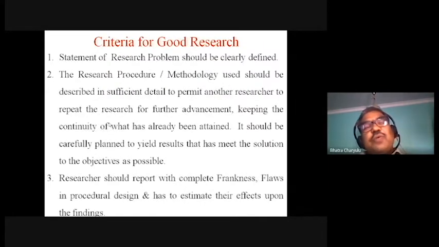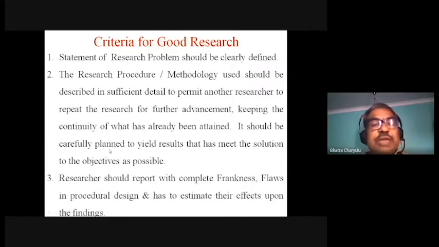And the criteria for good research: the statement of the research problem should be clearly defined. The research procedure or methodology used should be described in sufficient detail to permit another researcher to repeat the research for further advancement, keeping the continuity of what has already been attained.